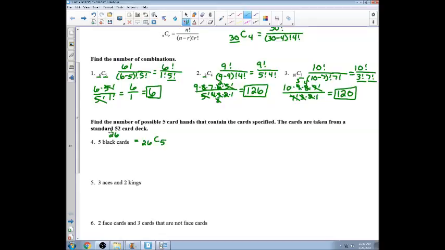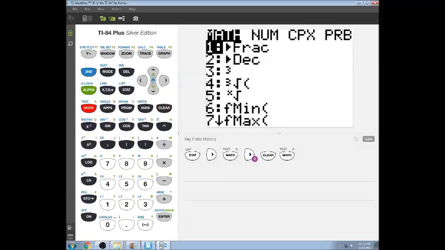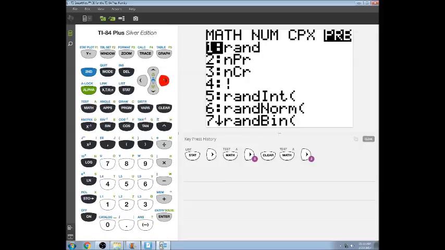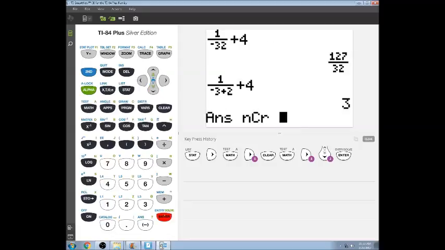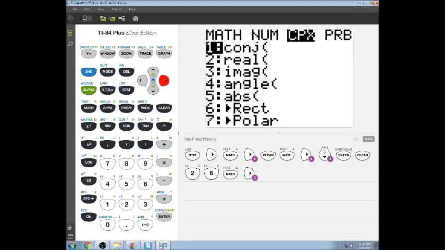This is where the calculator comes into play. Now that I know what my combination problem is, what I can do is go to my calculator. If you're using one of my newer calculators, you're going to hit Math. You're going to go to the right, and you're going to find Probability. We're going to go down to NCR and hit Enter. Oh, I'm sorry. The first thing we need to do, actually, is type in our number 26, then go to Math, Probability.